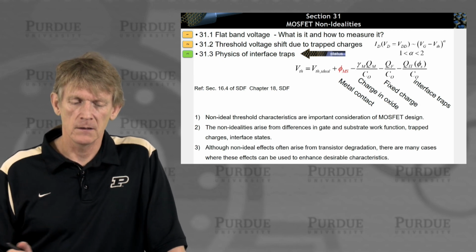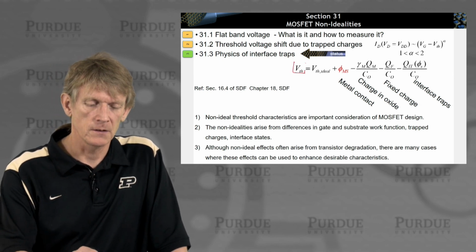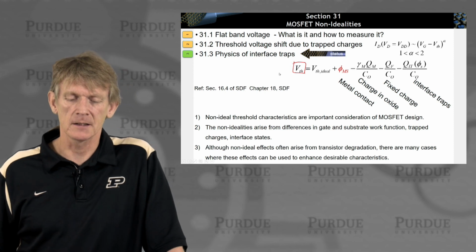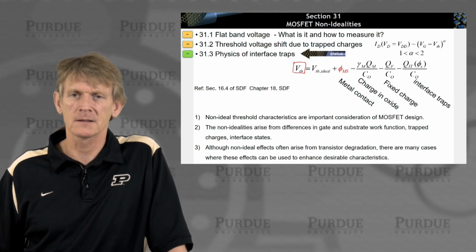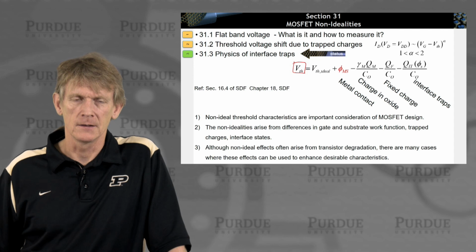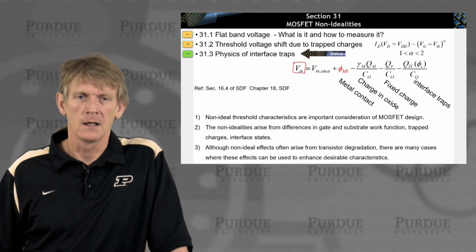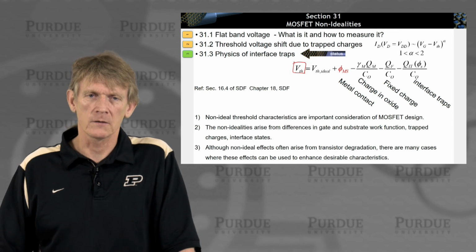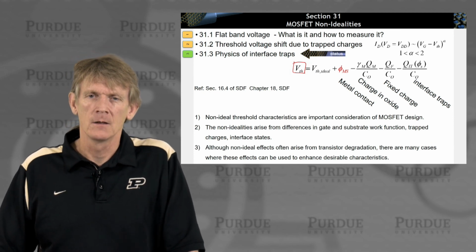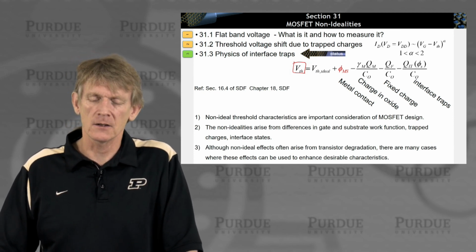All right, so we talked about the physics of interface traps in the last segment here. We covered all of these corrections to the threshold voltage from the ideal case. We looked at metal contacts, that just a solid shift being built in by the difference between the work function in the metal and the work function in the semiconductor. We talked about charges inside the oxide.